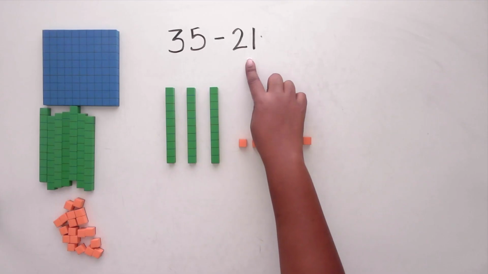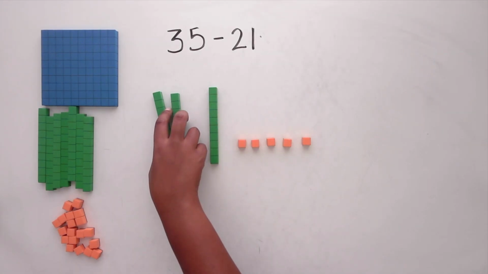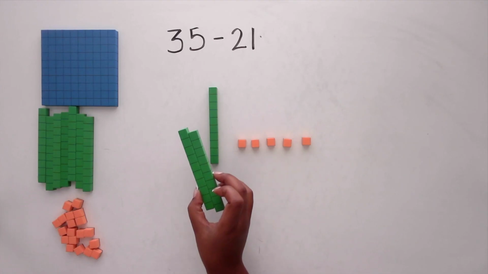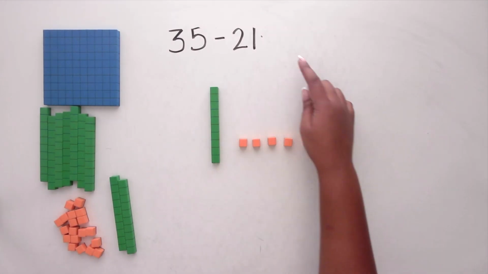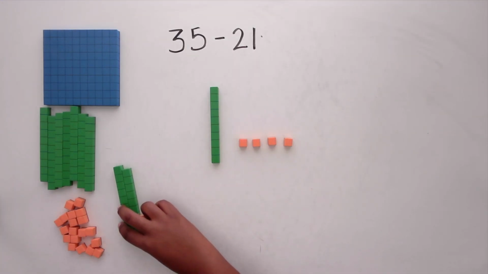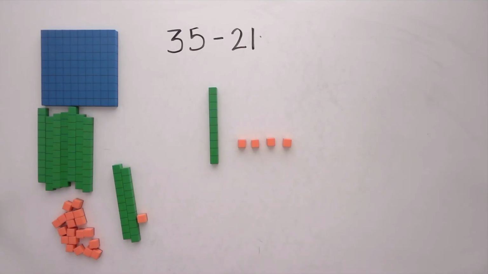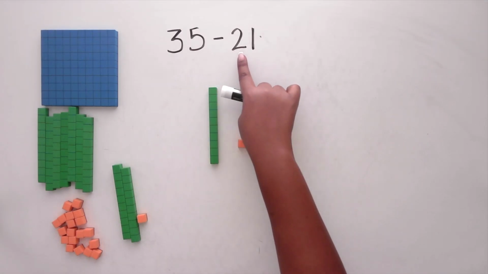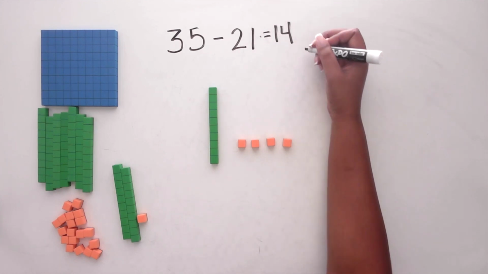To subtract 21, I'll remove 2 rods, which equals 20, and 1 unit cube, which equals 1. The blocks remaining represent 14. So 35 minus 21 equals 14.